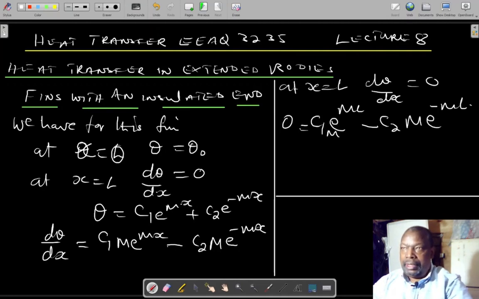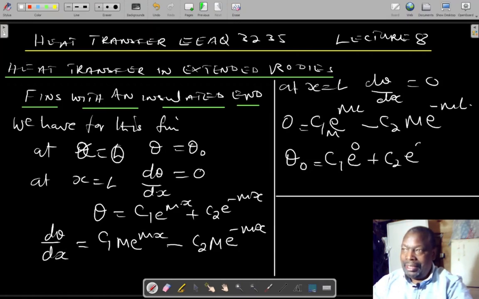And we've seen that at x equals 0, theta is equal to theta naught. So theta naught is equal to C1 e^0 plus C2 e^0, which implies that theta naught is equal to C1 plus C2.